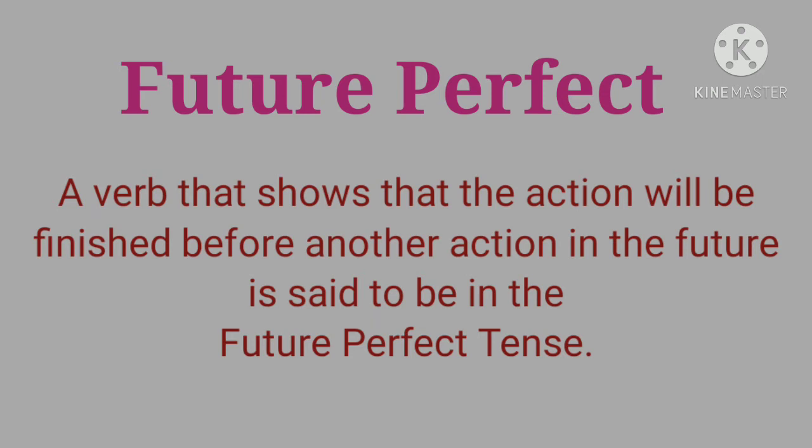Future means anything that we are going to do after the present. So any future action that will be finished after another action that we are going to do will be in the future perfect tense.